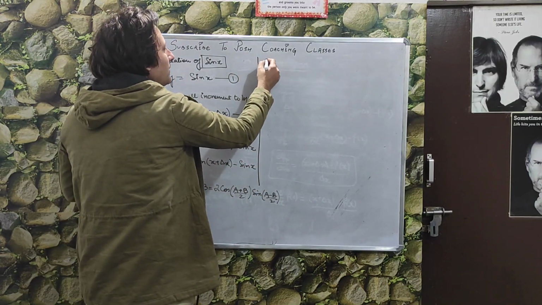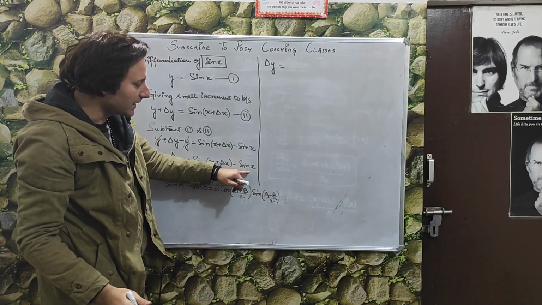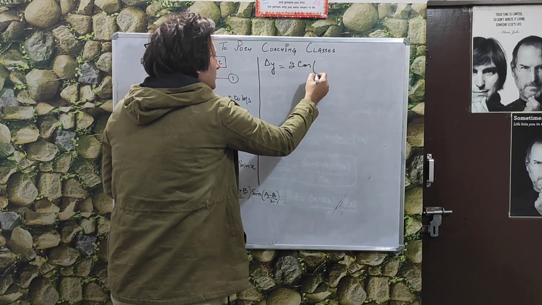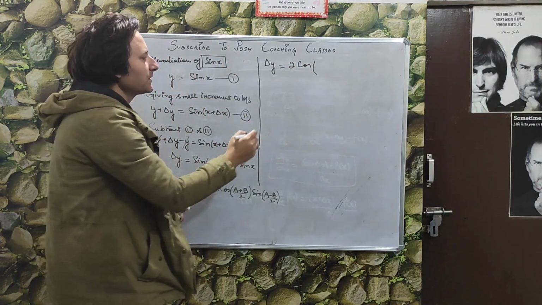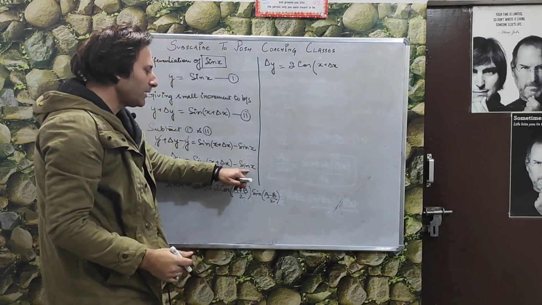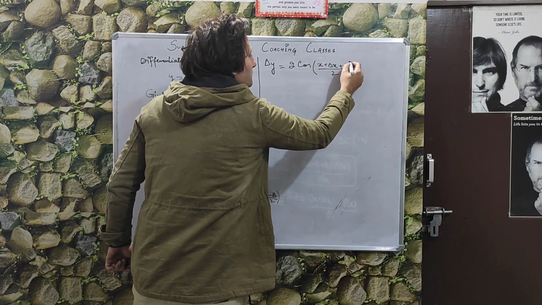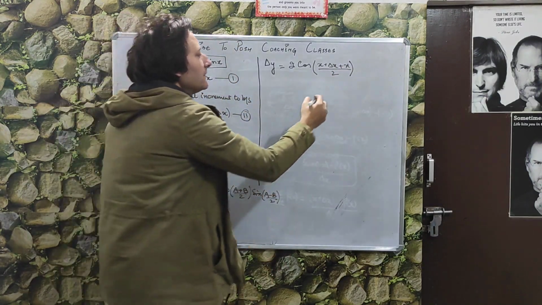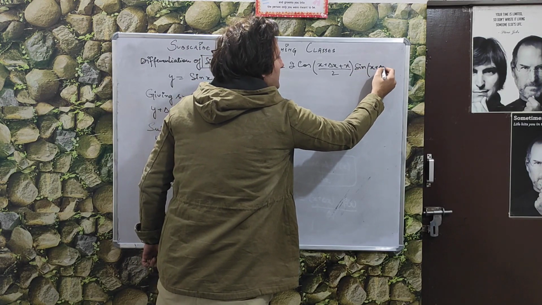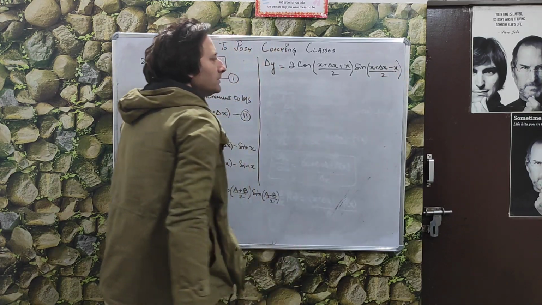This is delta Y equal to sine A minus sine B. So we have twice cos (A plus B upon 2), where A is x plus delta x and B is x. Then we have sine (A minus B upon 2), which is x plus delta x minus x upon 2.